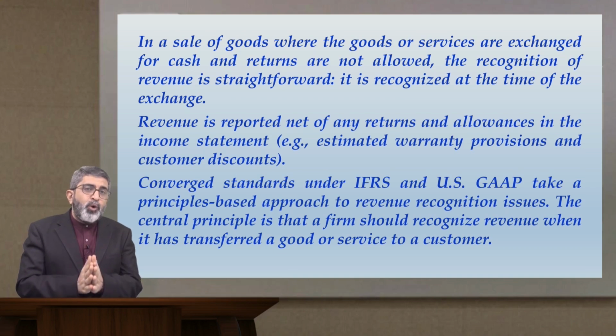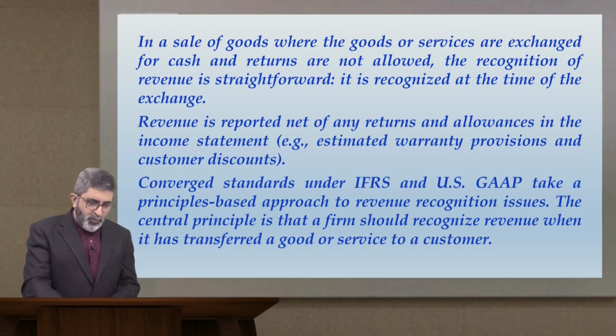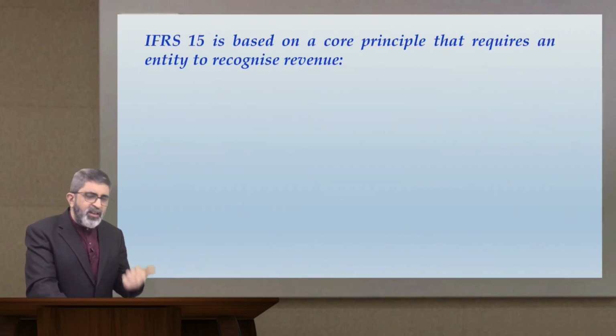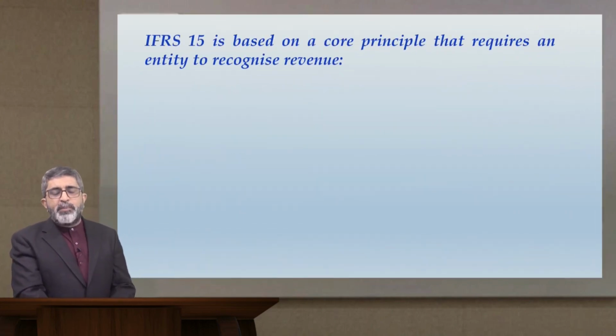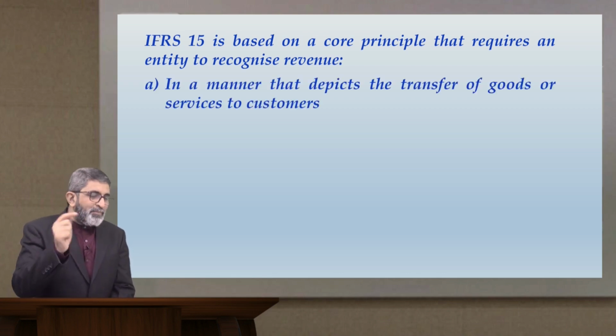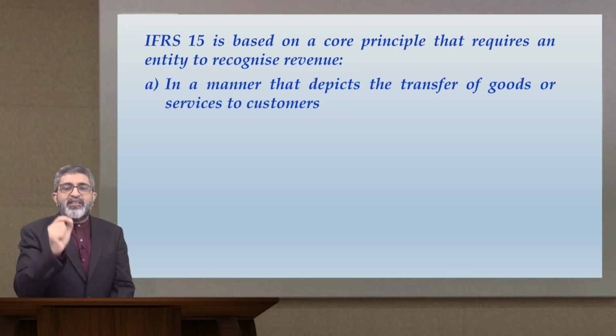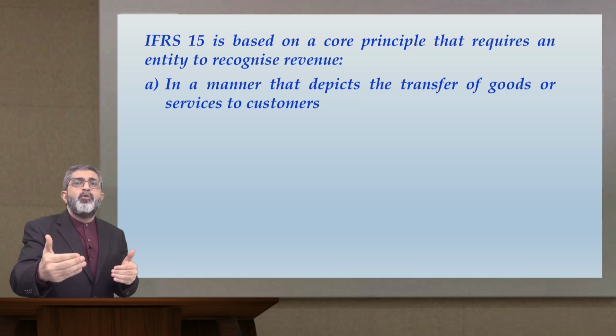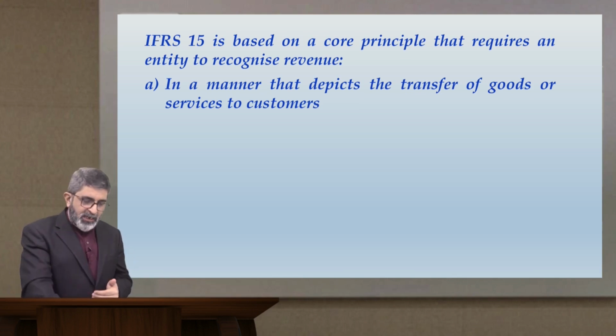So before I enter into that 5-step model, let me highlight some important aspects about IFRS 15. IFRS 15 is based on a core principle that requires an entity to recognize revenue in a manner that depicts transfer of goods or services to the customer. So there has to be transfer of goods or services to the customer. That is one condition.